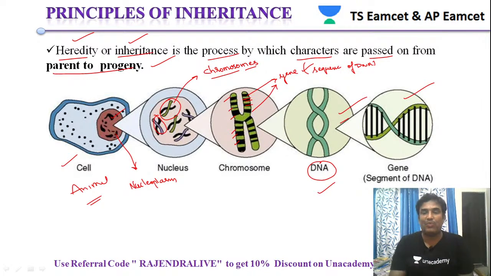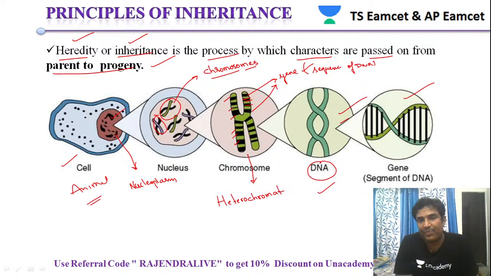In the chromosome, generally two regions are present. The first one is called heterochromatin.